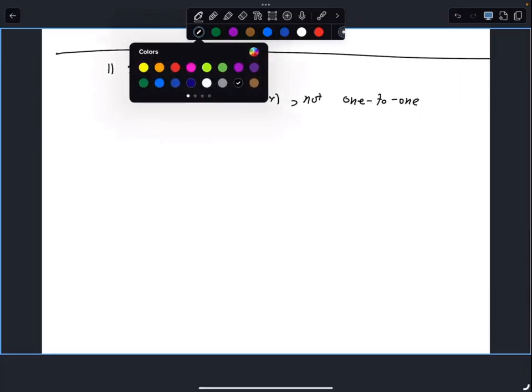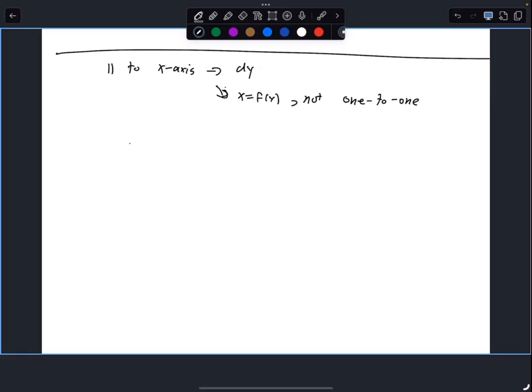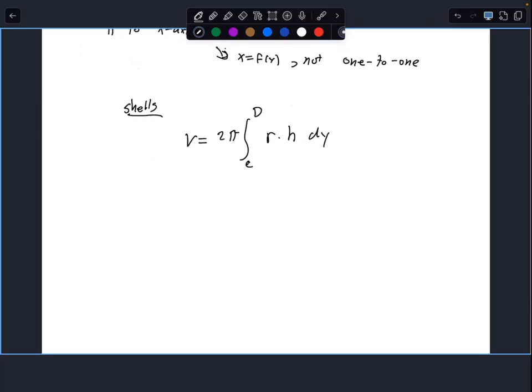Well, the same thing, I'm not going to go through the proof here, but using shells, the volume is going to equal, once again, 2 pi integral c to d of the radius times the height dy. But the problem here is that the radius is now in our visual. This part right here.